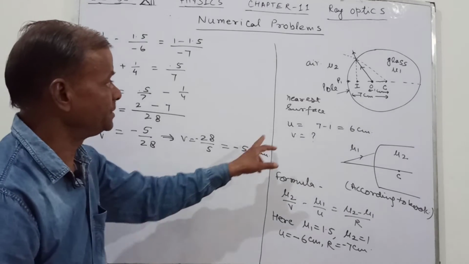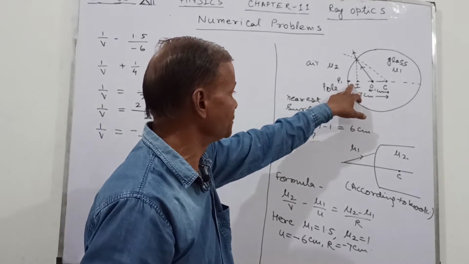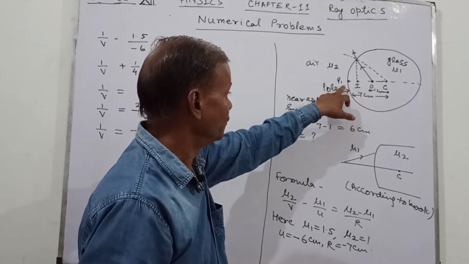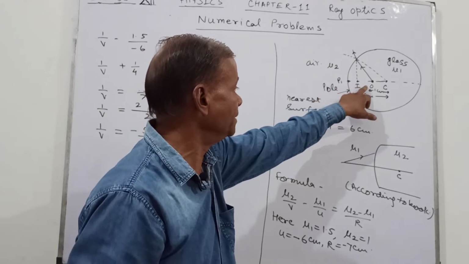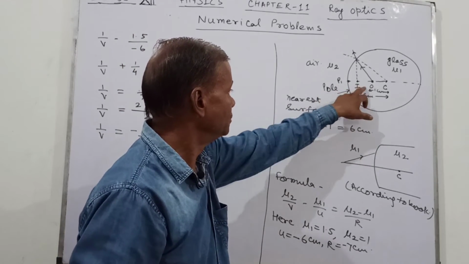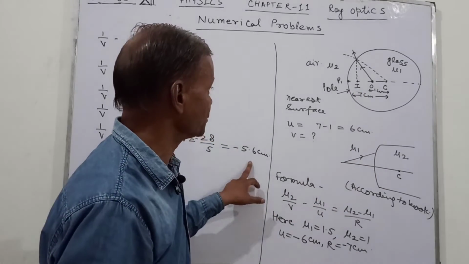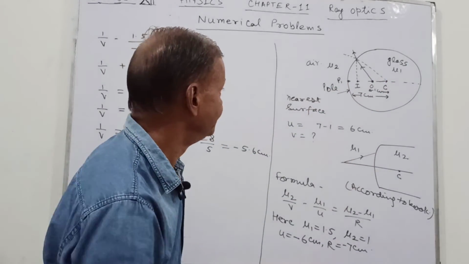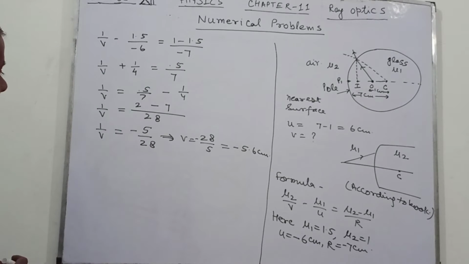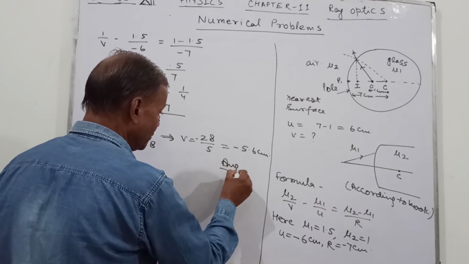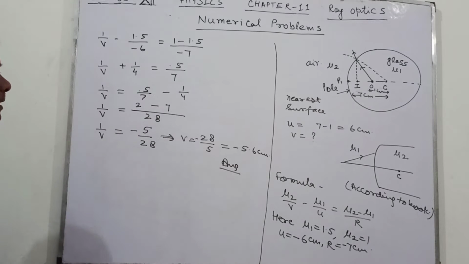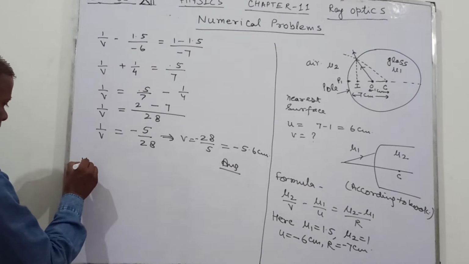It means that this bubble will appear at a distance of 5.6 from the pole. So this is P1, the image. This much is 5.6 from the pole. So this is our answer to the first part. And now the second part.